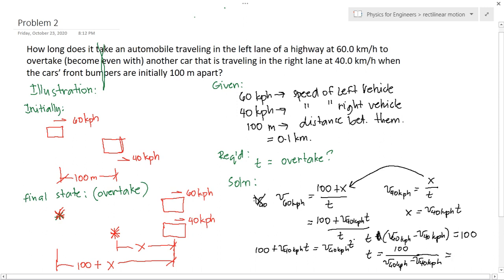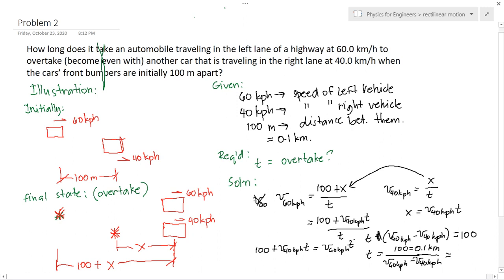So yung resulting answer niya is, I mean it's not 100, it's already 0.1. So dapat naka-meters tayo. So this one here pala must be equal to 0.1 kilometers.